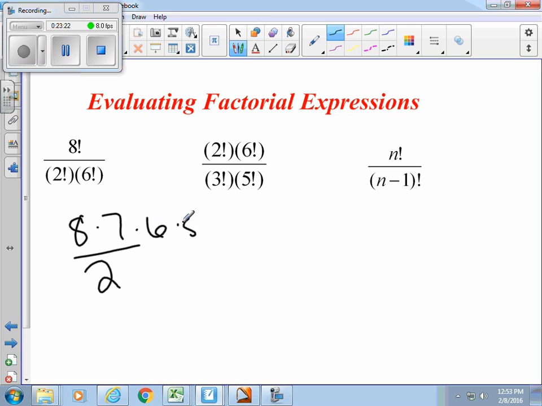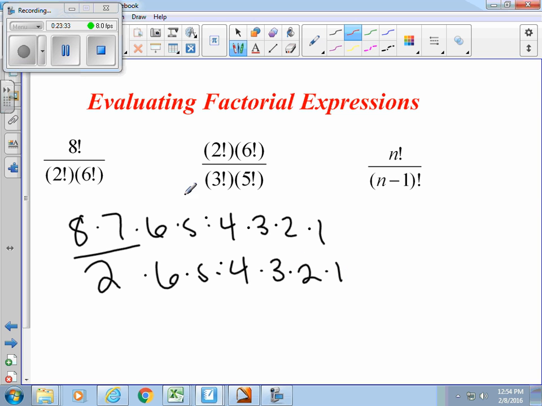I could write it all out. And so 8 divided by 2 is 4. 4 times 7 is 28. So I can do that really fast in my head. Not because I'm multiplying 6 times 5 times 4 times 3 times 2 times 1 in my head, because I am not.